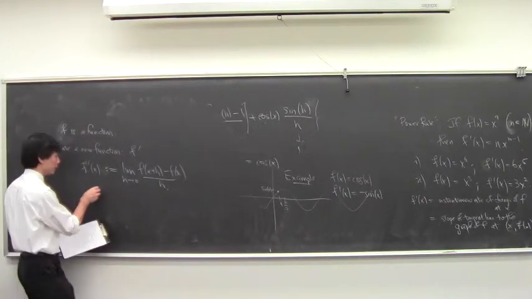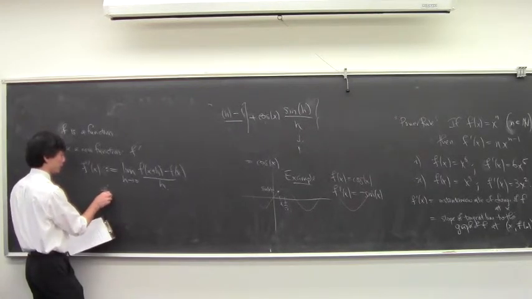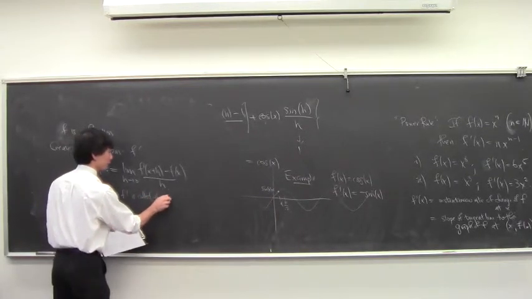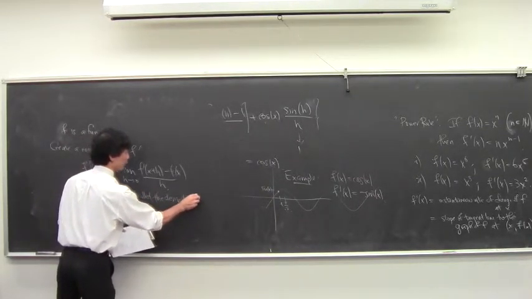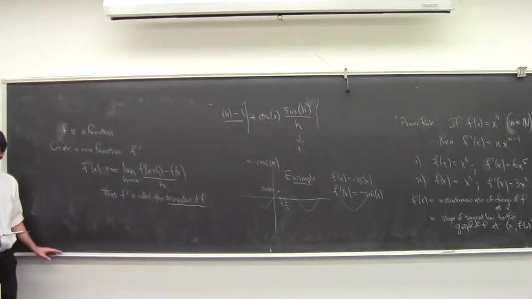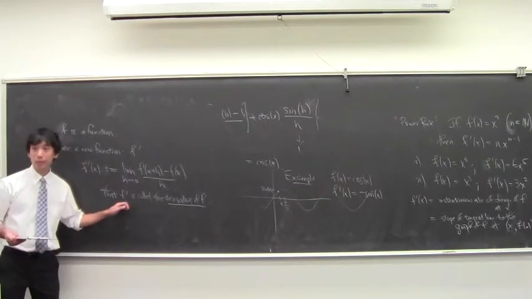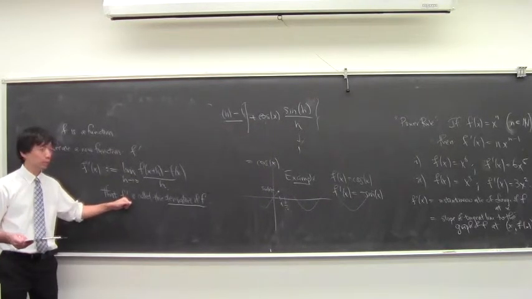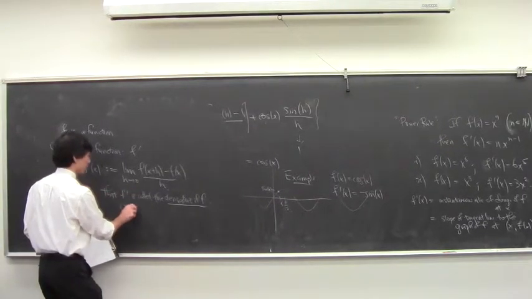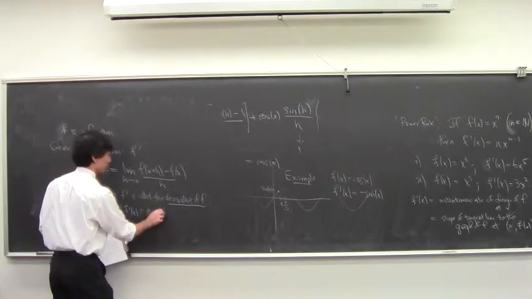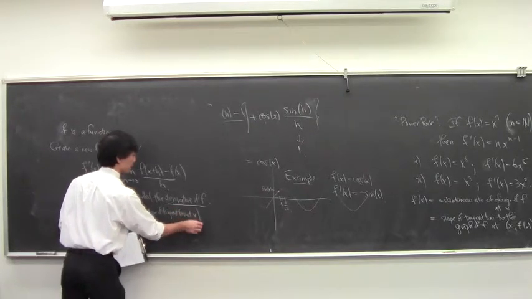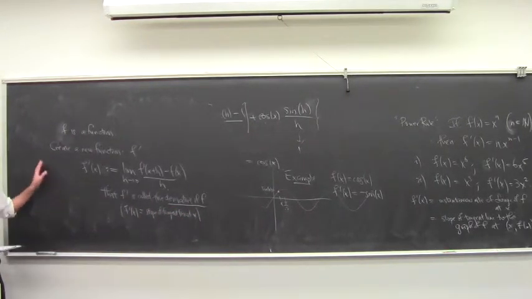That new function, f prime, is called the derivative of f. And what it tells you is the slope of the tangent line. f prime of x is the slope of the tangent line. That's basically all we've done.